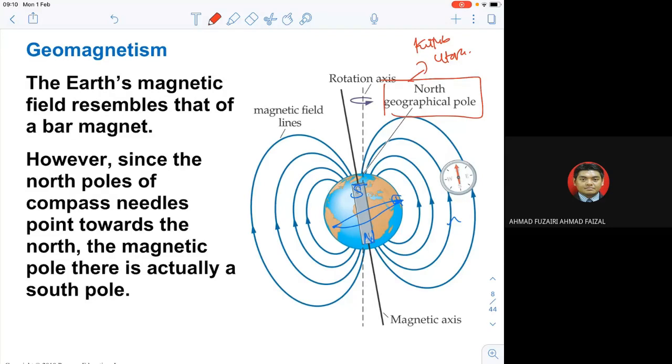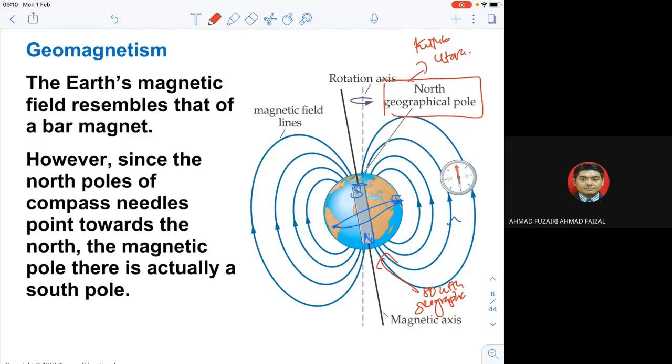Arctic is at the North Geographic Pole, and this should be your South geographic pole. How do I know geographically? Based on the atlas. At the top of the atlas or the globe is called North, and at the bottom is the South geographic pole.